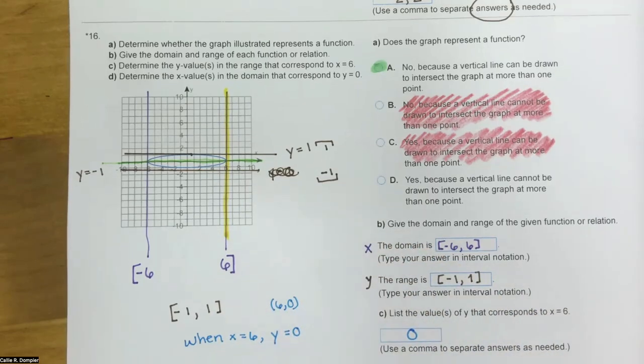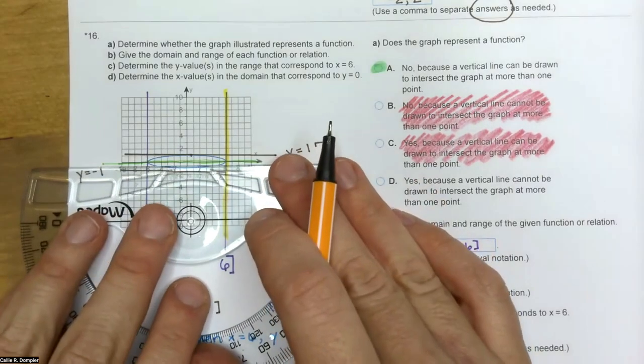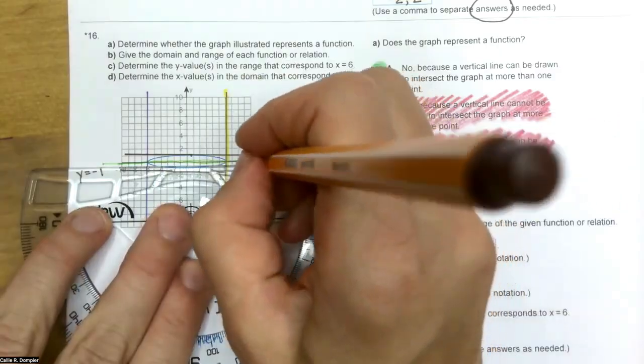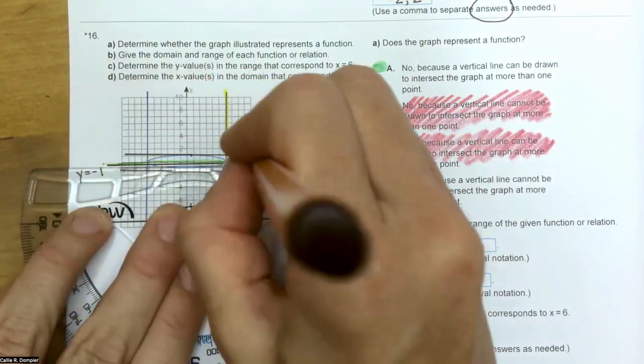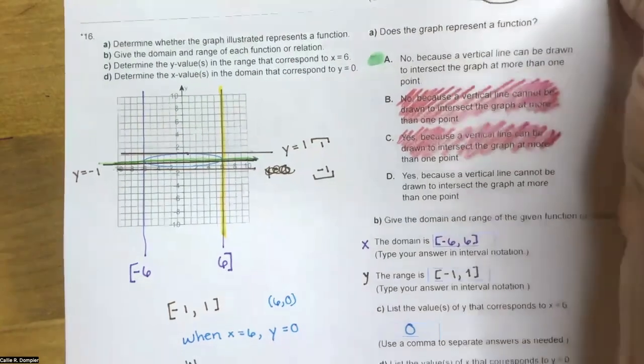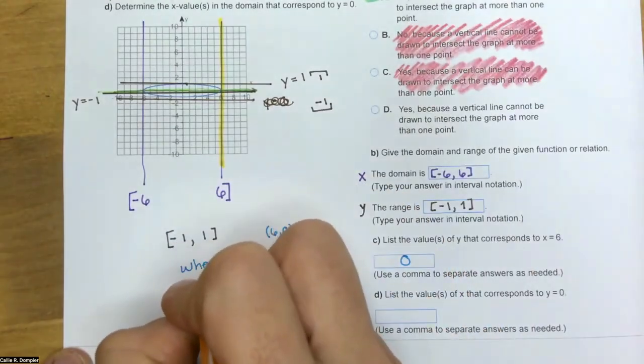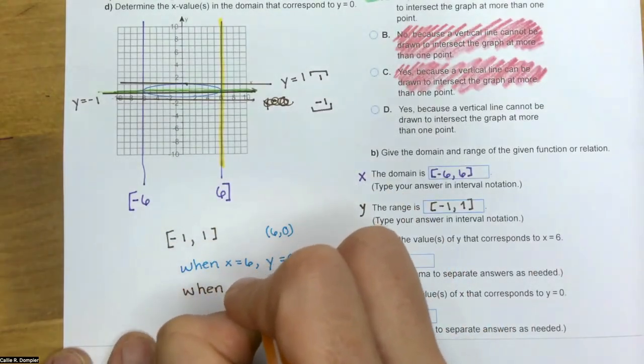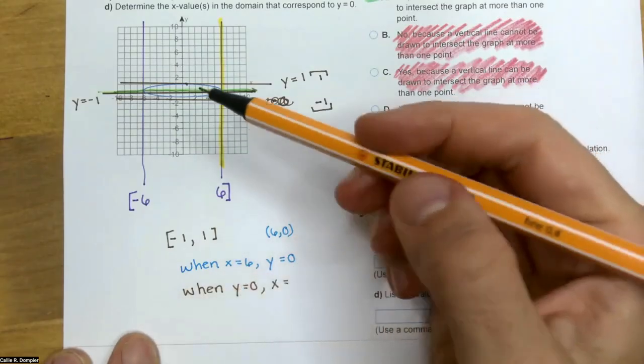And then second part, list the values of x that correspond to y equals 0. So again, that's just that line. When y equals 0, x equals, and there's two different answers.